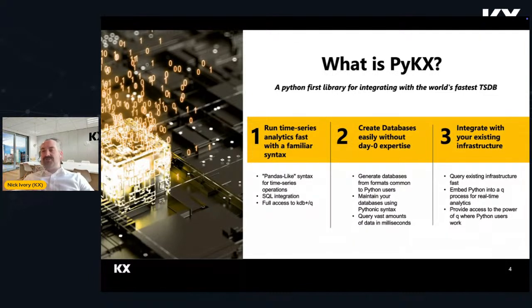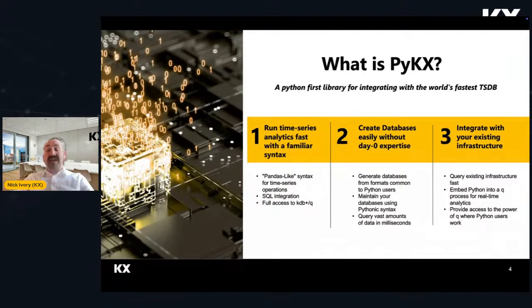Now, it allows you to use the language features of Q where and when you develop applications. And it's pretty easily expressed in these 3 bullet points here. If you're a Python user, you'll find this to be a very familiar syntax, but it offers huge performance boosts over traditional Pythonic tools.